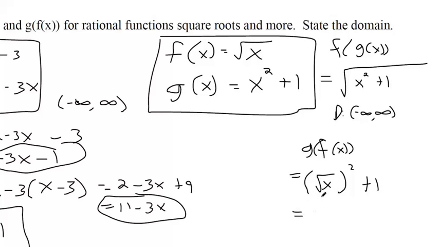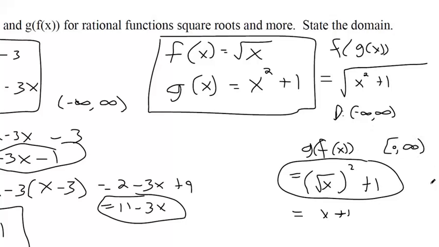But if you resolve that square root in the square, this would be x squared. This would be x plus 1. And that domain is negative infinity to positive infinity. Okay, but watch out for that. This is g of f of x. The domain here has to be 0 to infinity because you can't plug a negative into a square root.